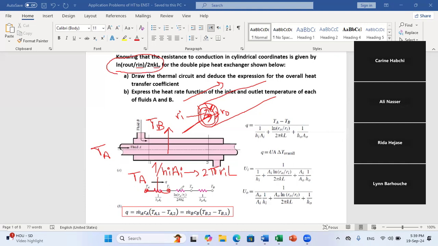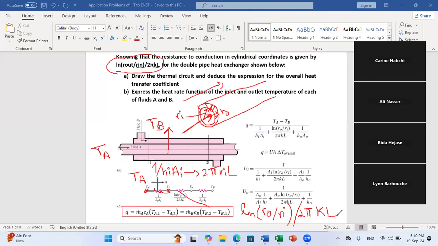So we always have to consider ln R out, meaning the big radius, over the inner one, so ln R out over R in, divided by 2 pi K L. K is the conductivity of the material, where K represents the conductivity of the tube material. And we multiply by L, which is the length of the duct. So this is the resistance to conduction.